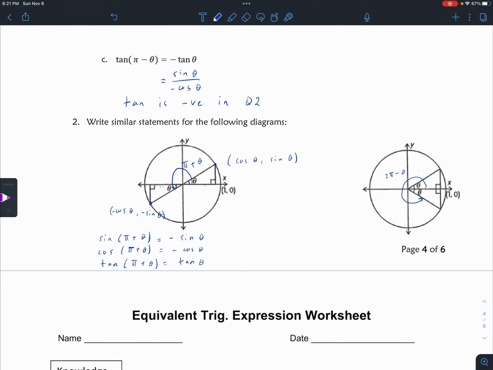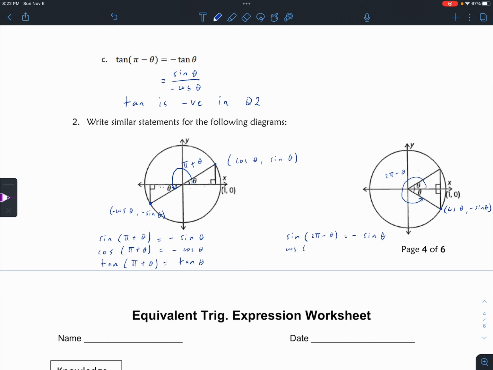And so over here, cosine is positive, while sine would be negative. And so the statements that we could write here: sine of 2 pi minus theta would equal negative sine theta.